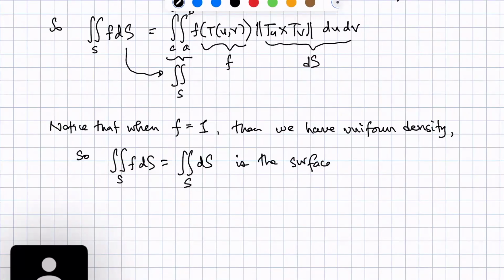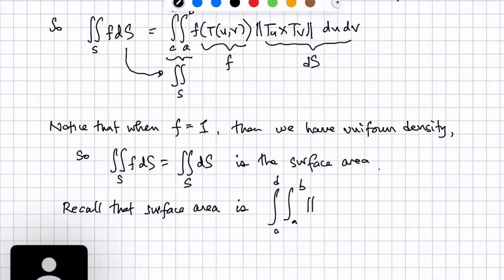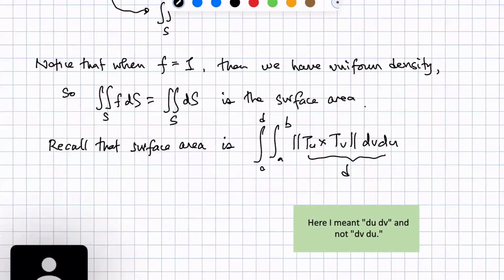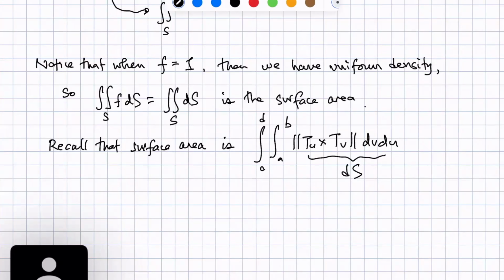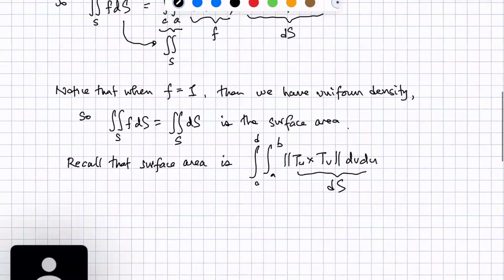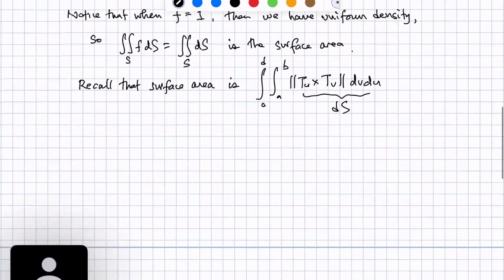And recall that our formula for the surface area is given by the integral from a to b, c to d, of the norm of T_u cross T_v, dv du. Therefore this makes perfect sense because this is just plain old dS. So whenever you see this object with f being 1, we're just talking about surface area. But in the presence of an f, you can interpret it as density.